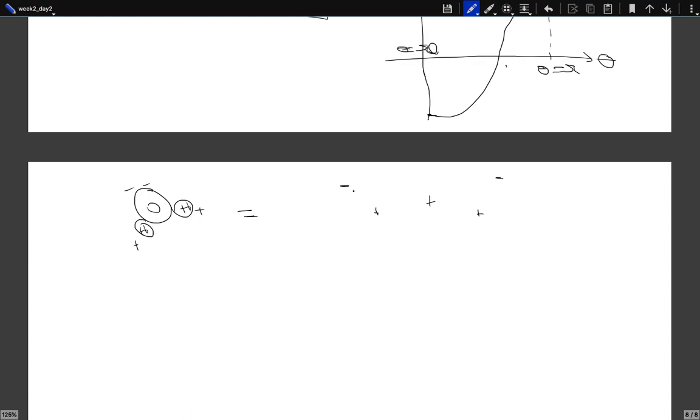So we have one dipole pointing in this direction, another dipole pointing in this direction. So this is one dipole. Then you have this dipole. The total dipole moment of the system will be just the sum of them. So this will be the total dipole moment vector.